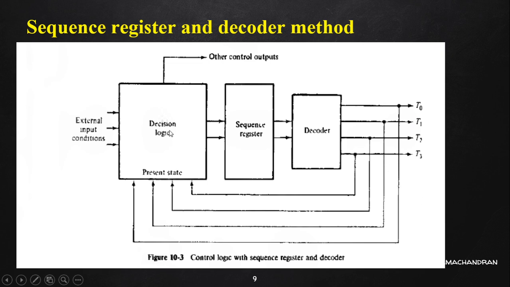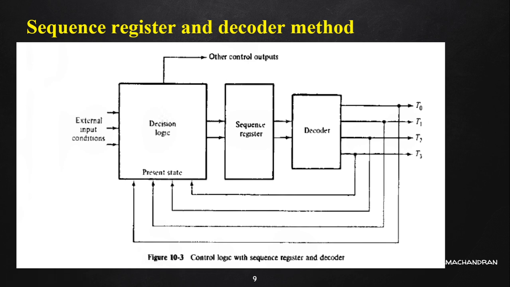And this decision logic, based on the current external input condition and the current present state of our system, can decide what state is to be active next. That particular information is loaded into this 4-bit sequence register. So after decoding that information available now in the sequence register, the decoder can activate one of its output lines among the total 16 different outputs.